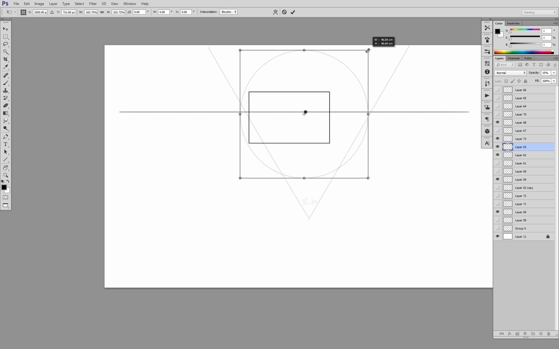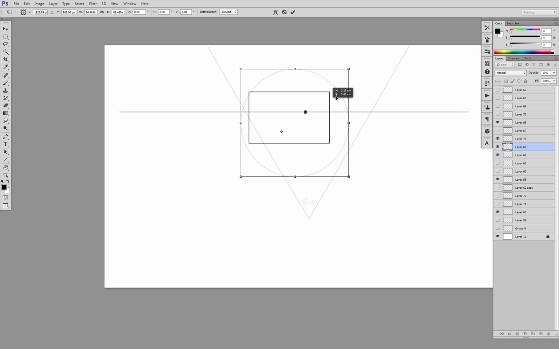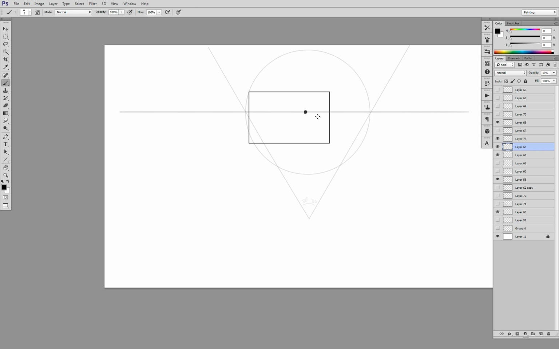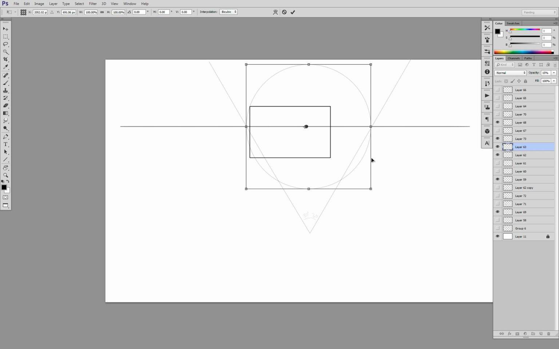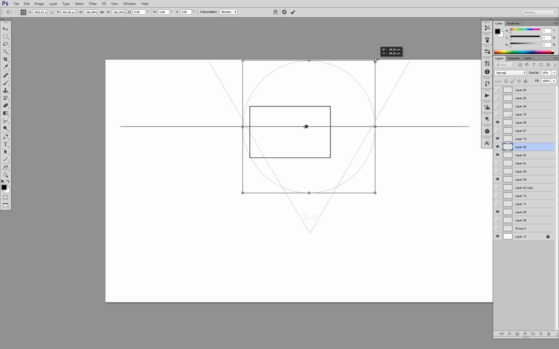And we can think about what's the smallest circle we could make where this fits. It's probably about there.